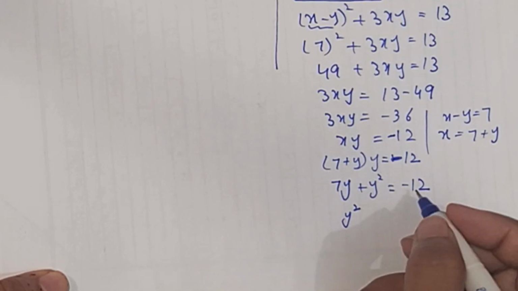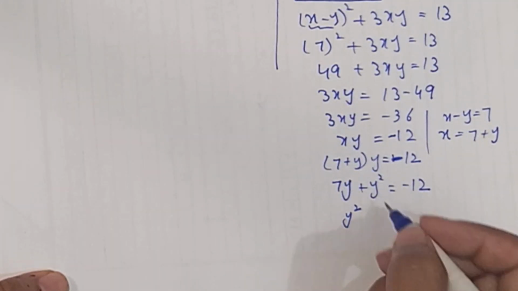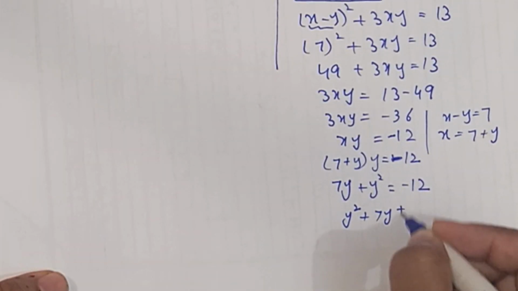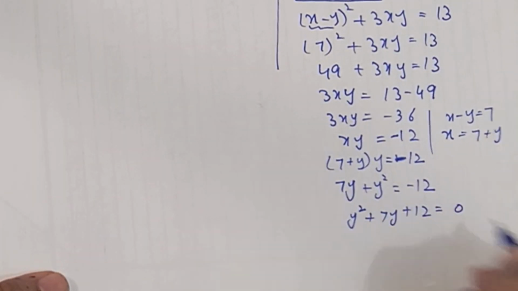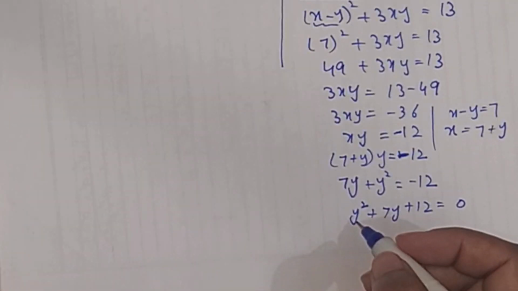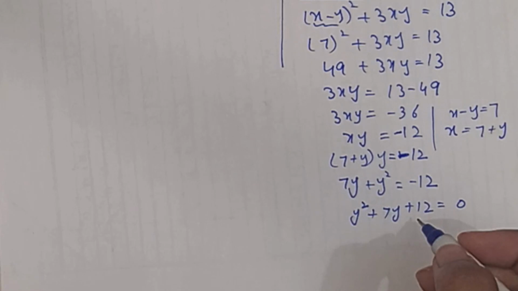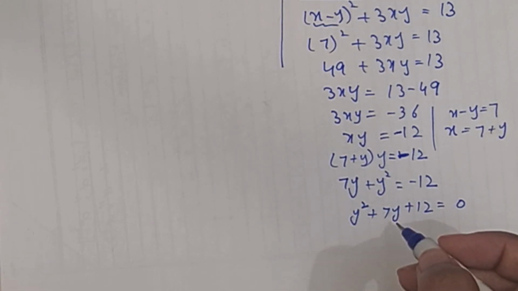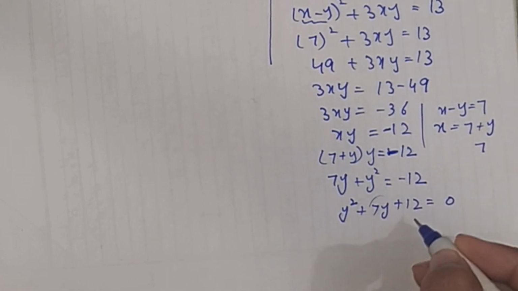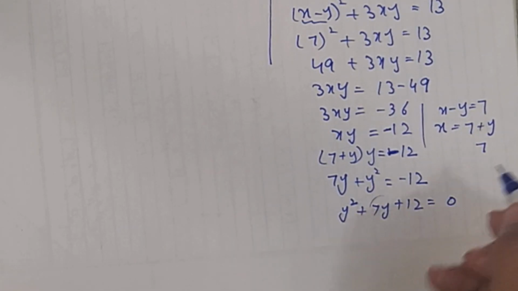Now add 12 on both sides of this equation, then this becomes y square plus 7y plus 12 is equal to 0. Now this is a quadratic equation, so we factorize this. Look at this middle value, this is 7, and if we multiply the first and last digits, we get 12.